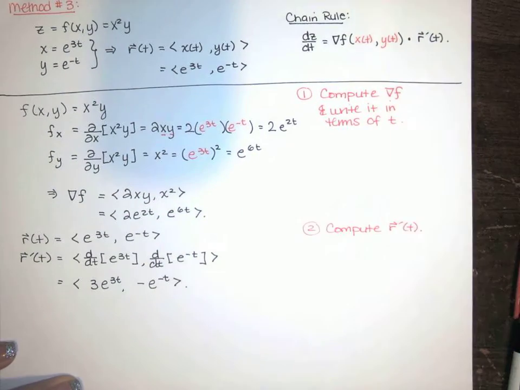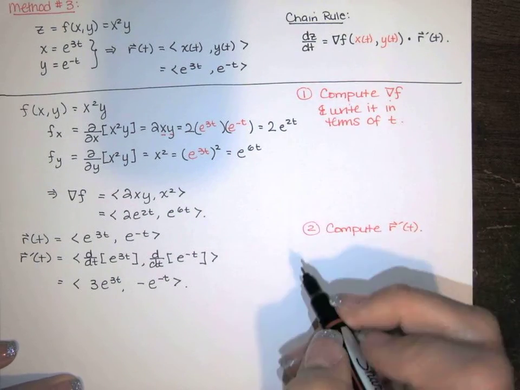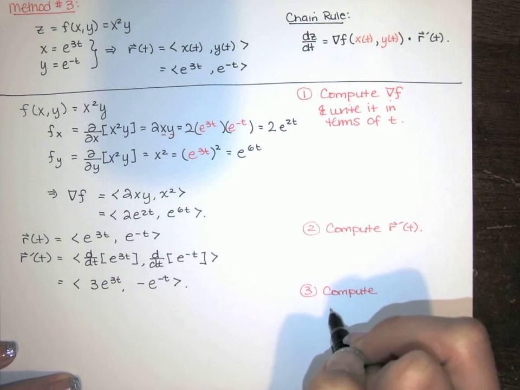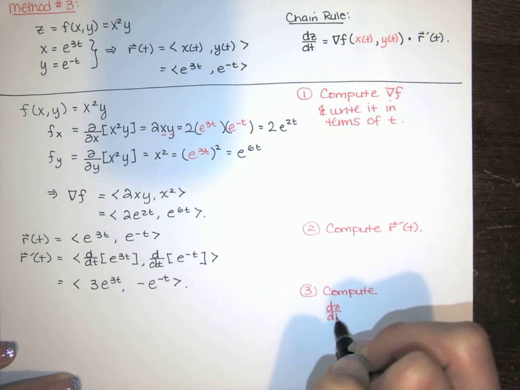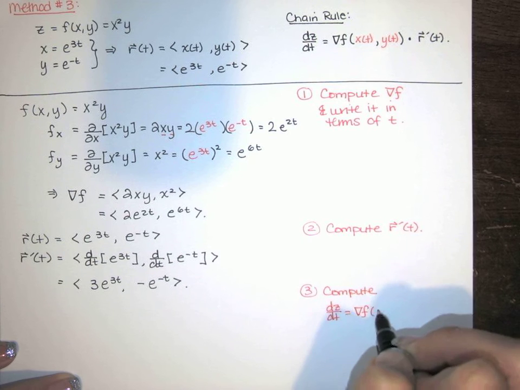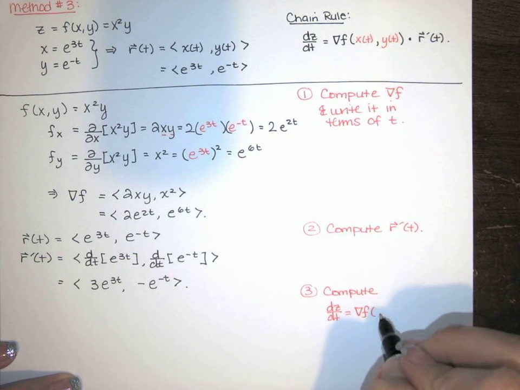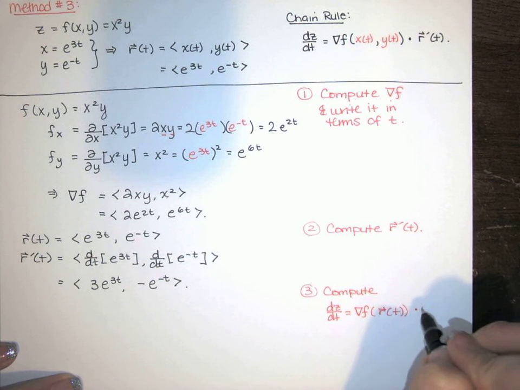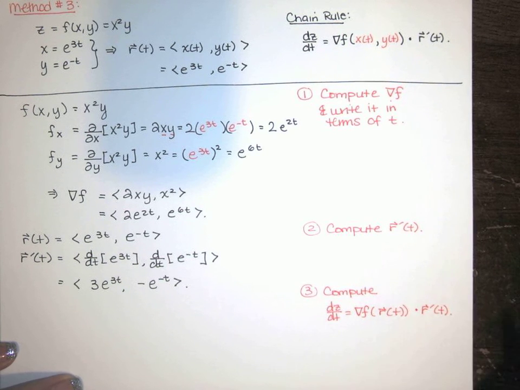That's what our formula tells us to do. Last step. Compute dz dt, which is the dot product of the gradient evaluated at x of t, y of t, or if you prefer, you can just call it the gradient evaluated at r of t, dotted with r prime.